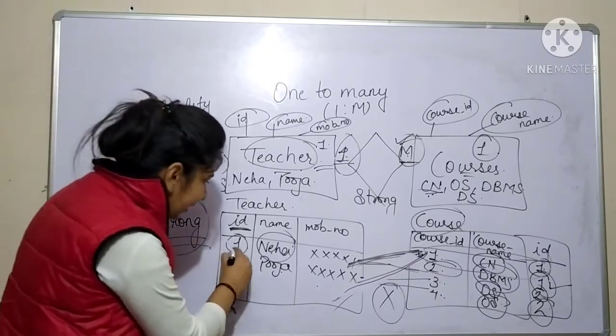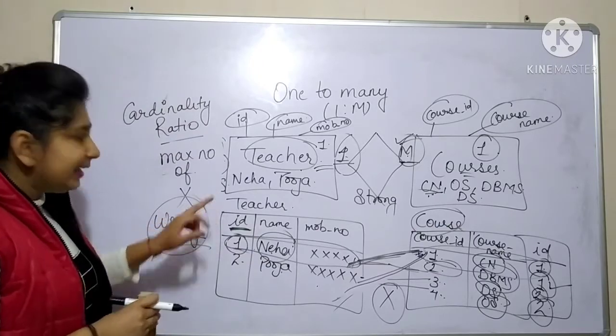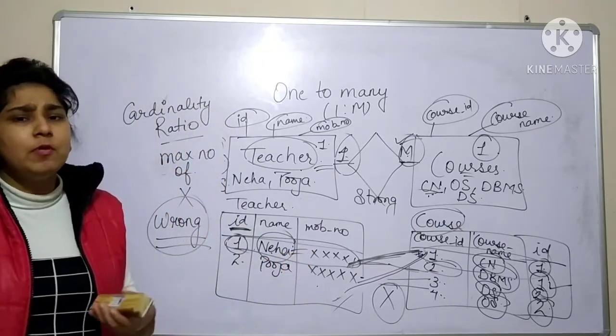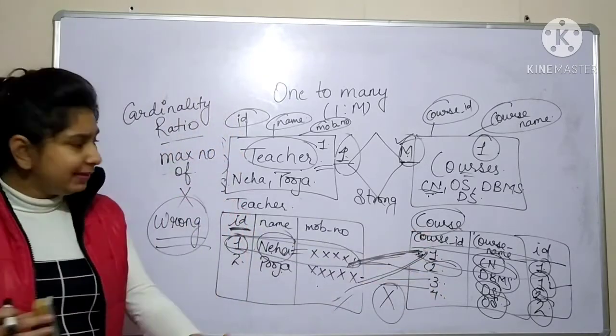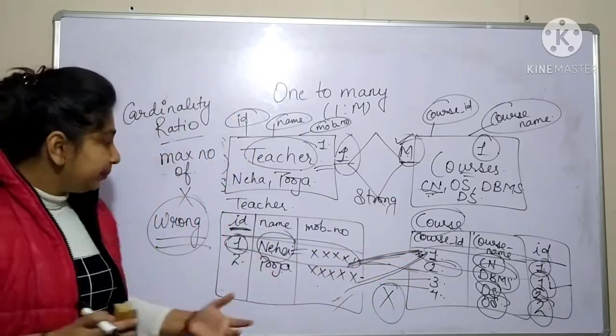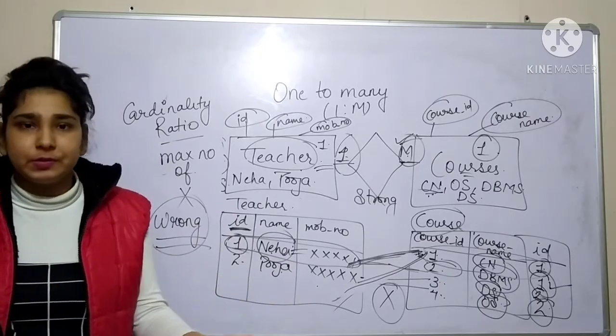If you look at the first entity from the teacher side, this Neha can teach many courses. I am assuming in this example that Neha is teaching 2 courses, but in reality she might teach more than 2 courses.